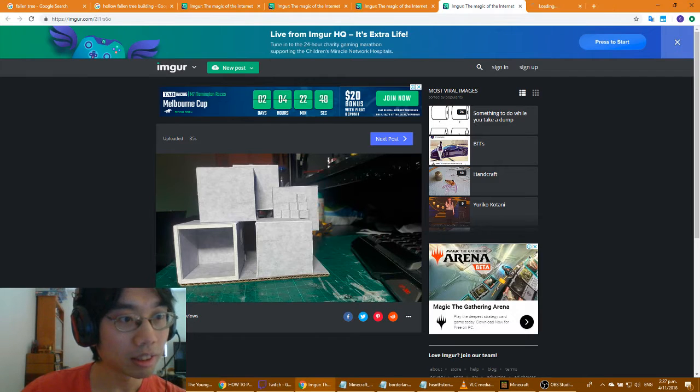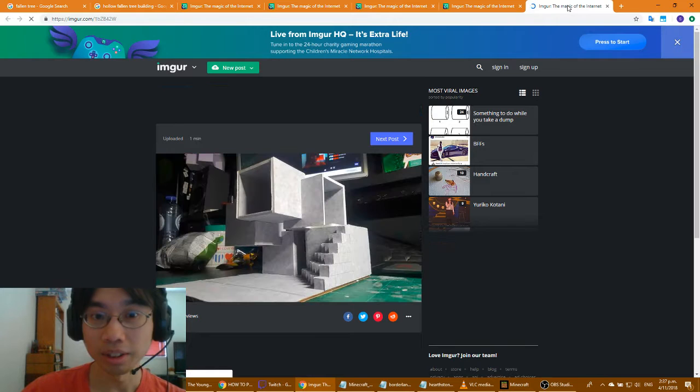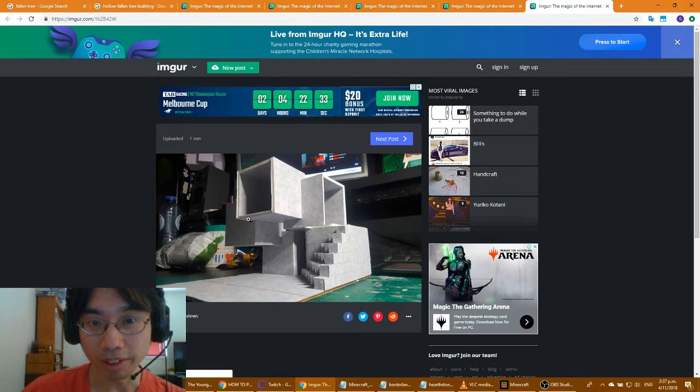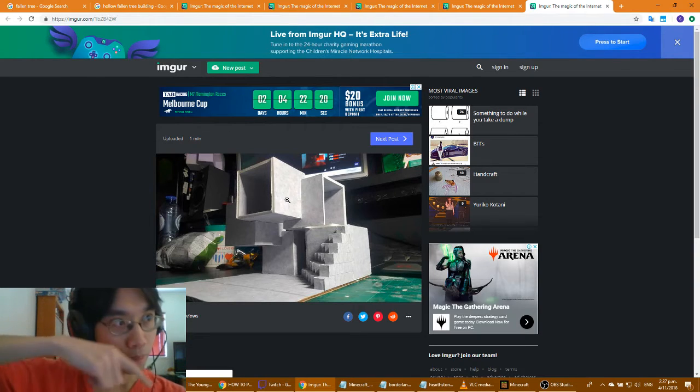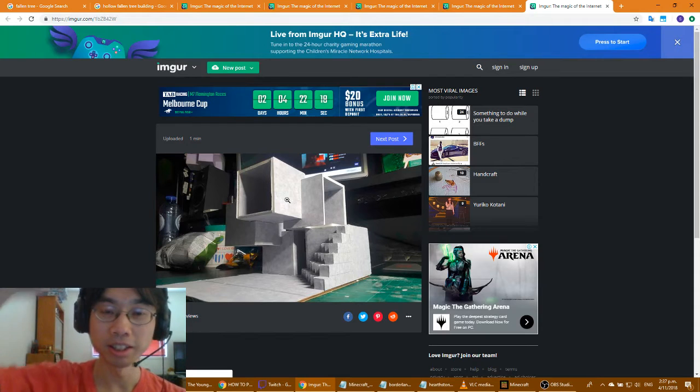And then this one, the cantilever is quite extensive. All right, so there's quite a bit of an overhang there, and the movement is like a spiral. So you spiral up the pile of boxes.